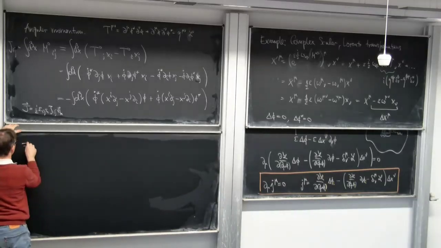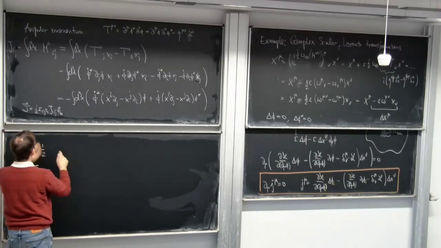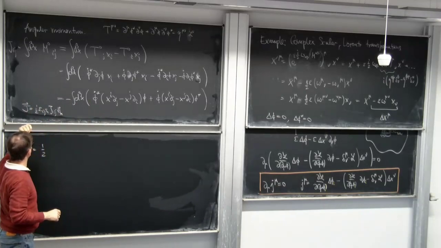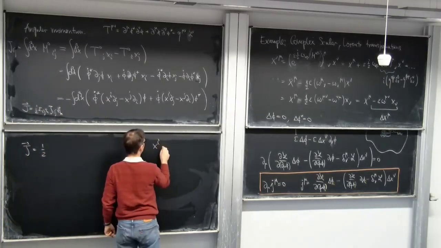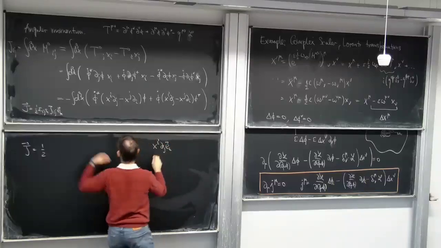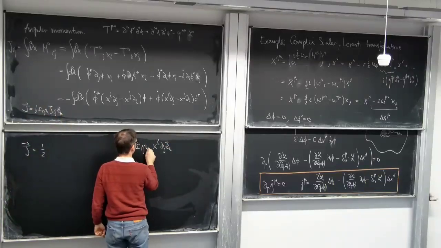So the J vector is 1/2 times epsilon times this. What we have in here is an x^i d_j, e_k comes from there, and an epsilon ijk.